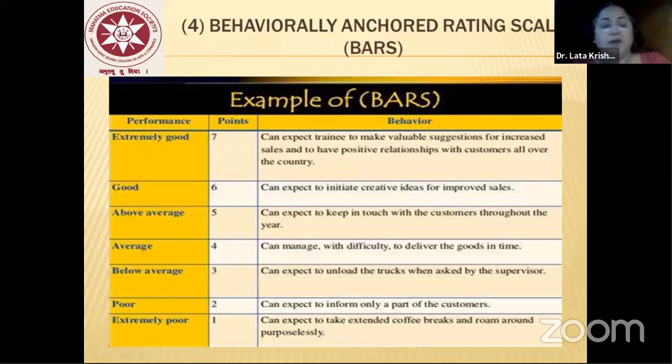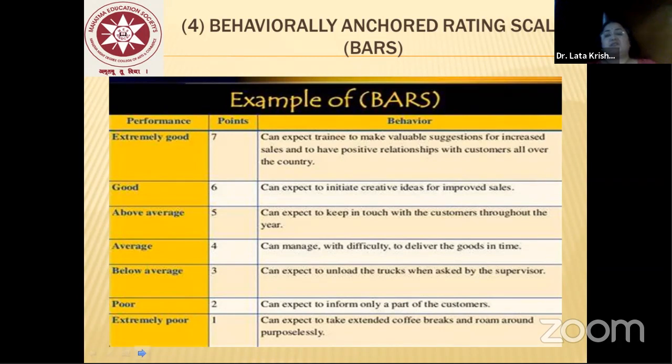So while you are assessing a particular employee in a business organization, you are going to find out which point you are going to give that employee for the task or the role he is performing. If you are giving him 3, it means you can expect him to unload the trucks when asked by a supervisor.